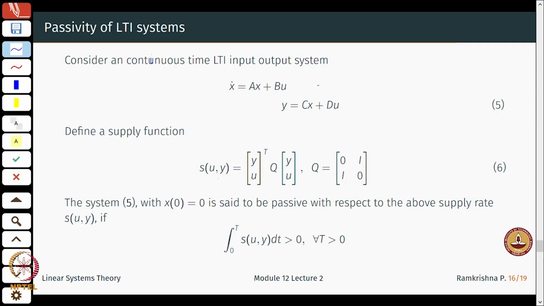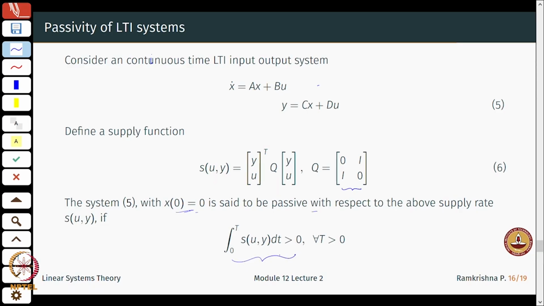Just define a supply function which is quadratic, and say Q is of this form. The system has, say, some zero initial condition, or not necessarily, but for ease of representation. This system is said to be passive with respect to the supply rate if and only if some relation like this holds.